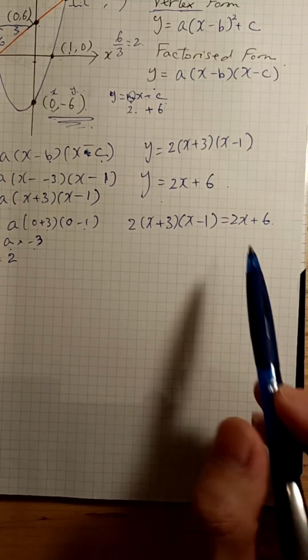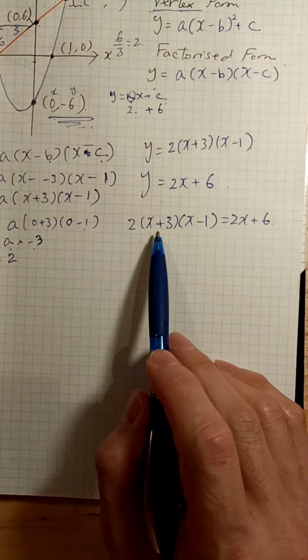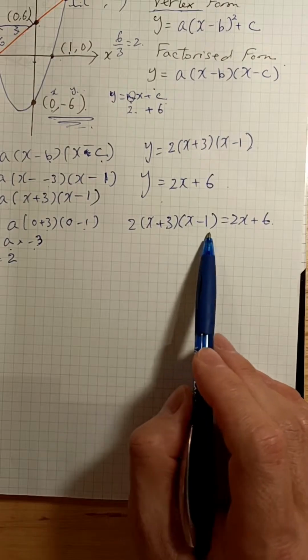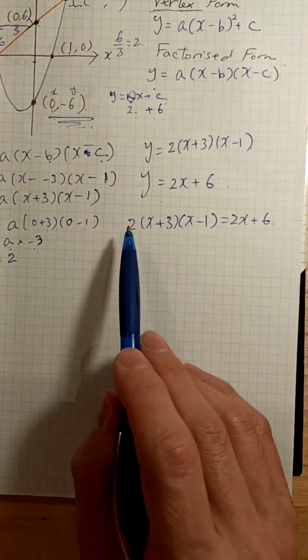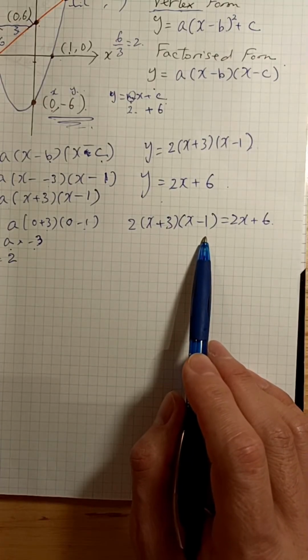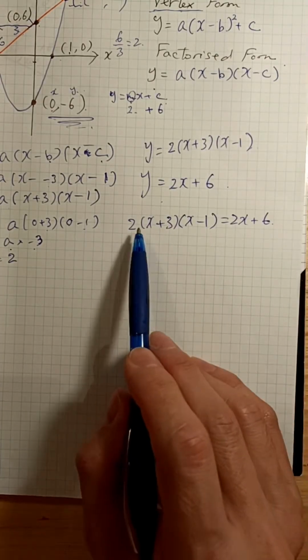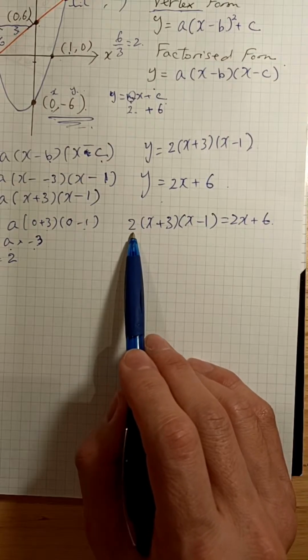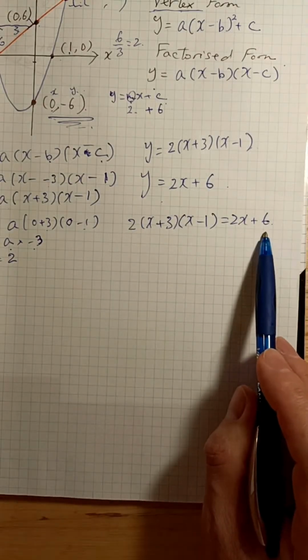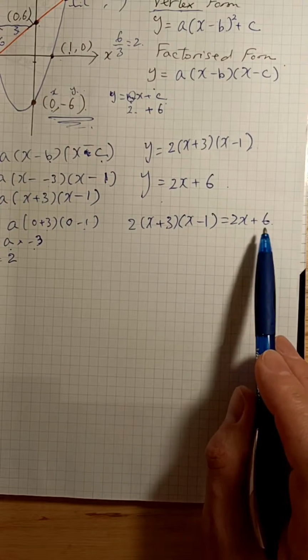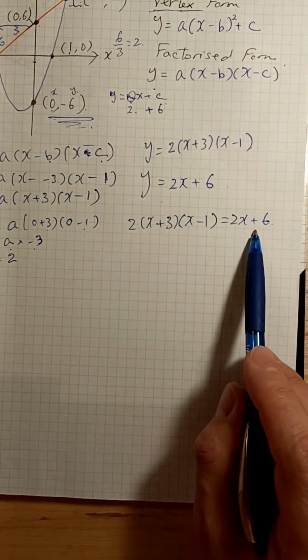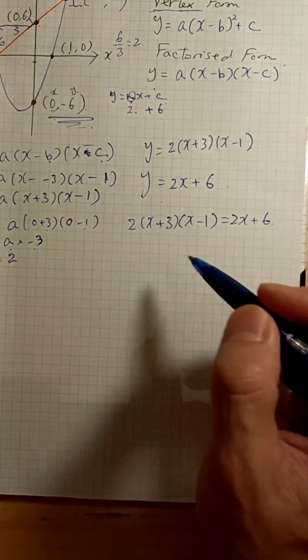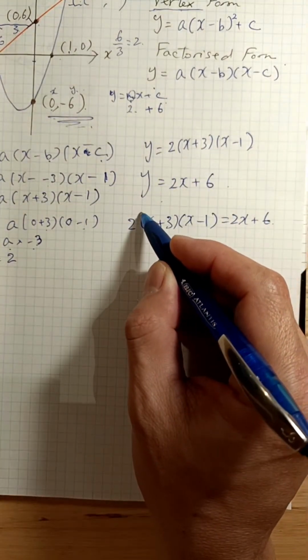This one is 2 times a bracket, so if you multiply them together, it is an even number, isn't it? And this one is also a multiple of 2, so you can actually divide by 2 on both sides. If you divide by 2 here, this one cancels.